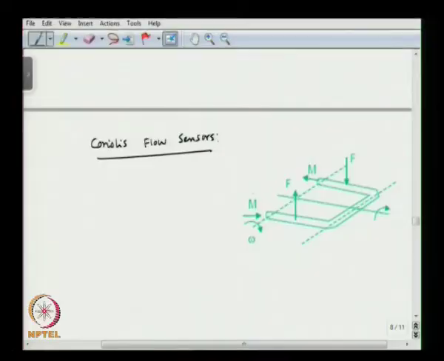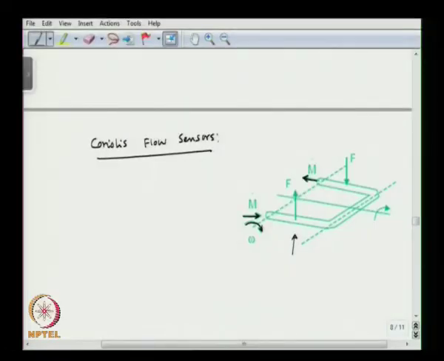So, as you can see here, this is the U-shaped bent tube, okay, and the flow is getting in there. So, this is a mass flow rate sensor, some mass flow rate m dot is going inside the tube and coming out there, right, and this tube is going to oscillate up and down as you can see in the image.